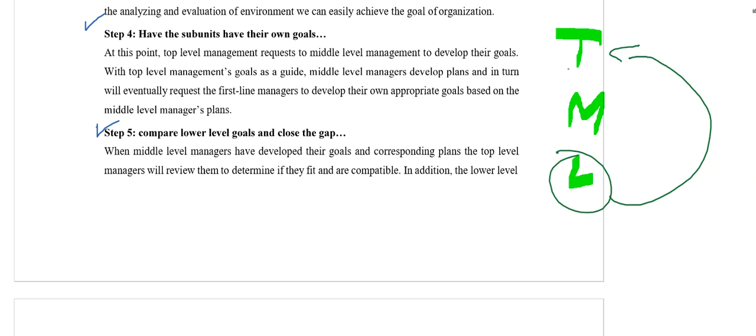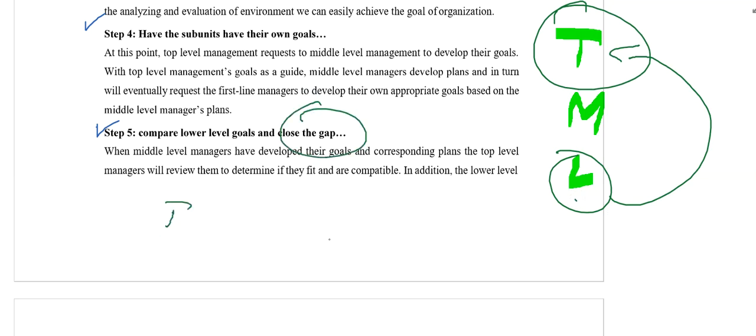If it is aligned, then it is okay. If there is a gap between the goal of the organization and the goal set for the lower level management, then we have to close the gap.